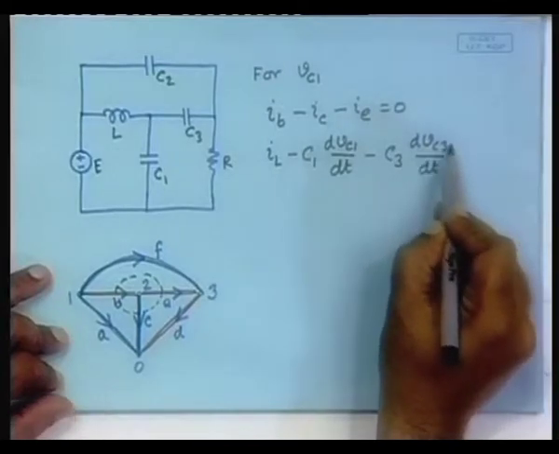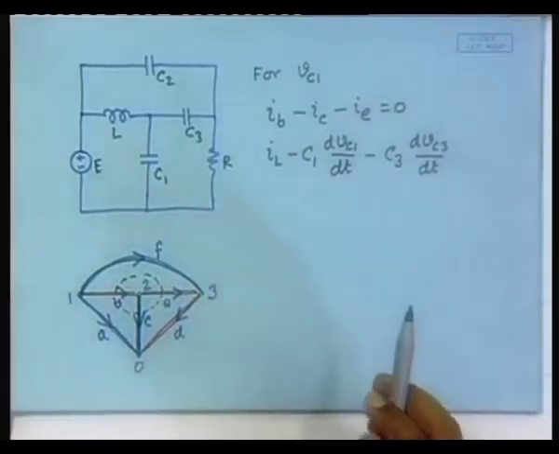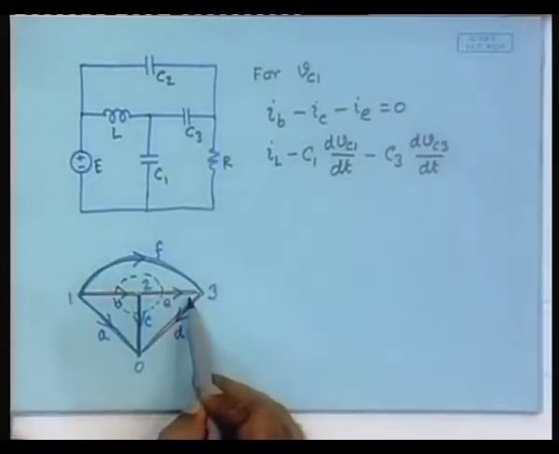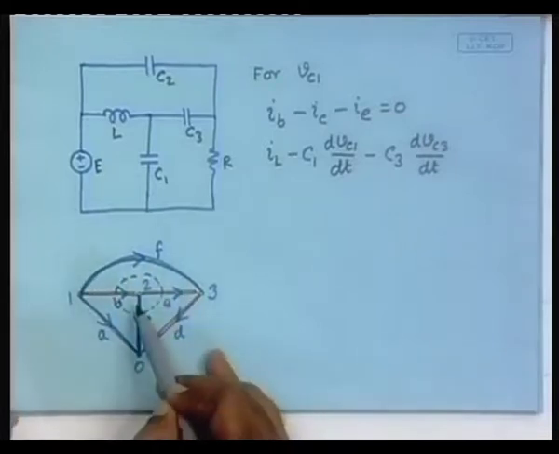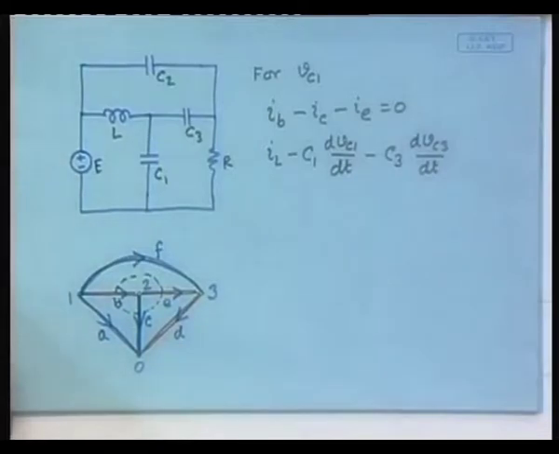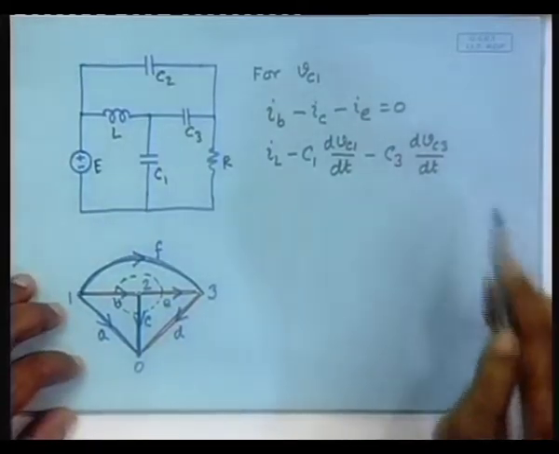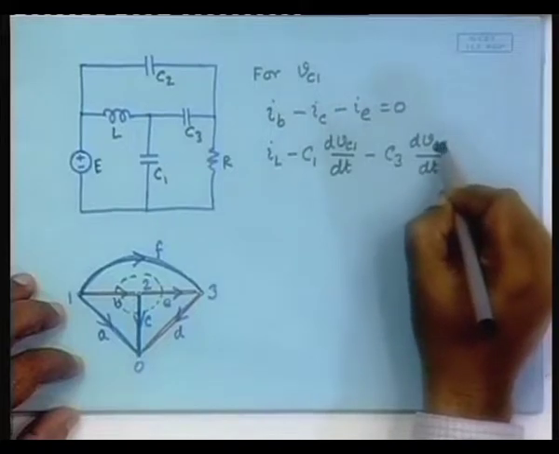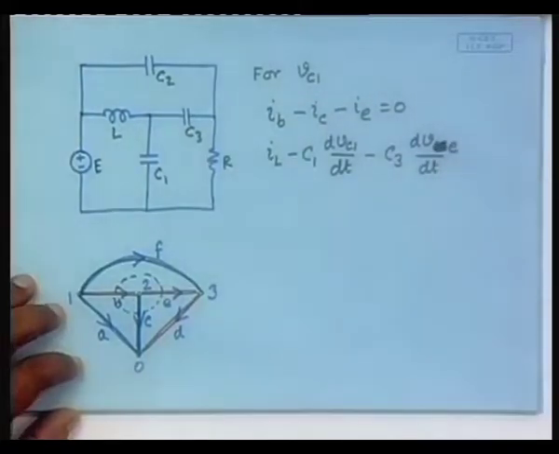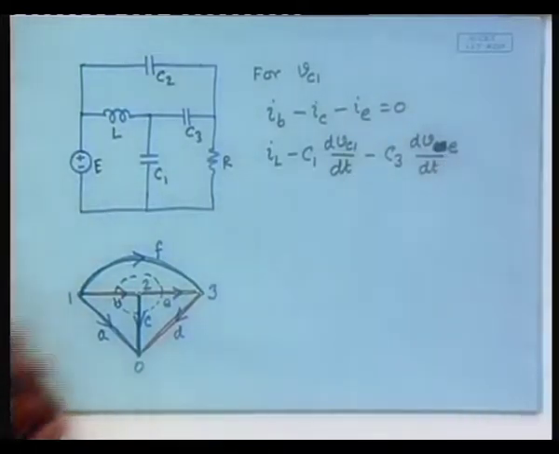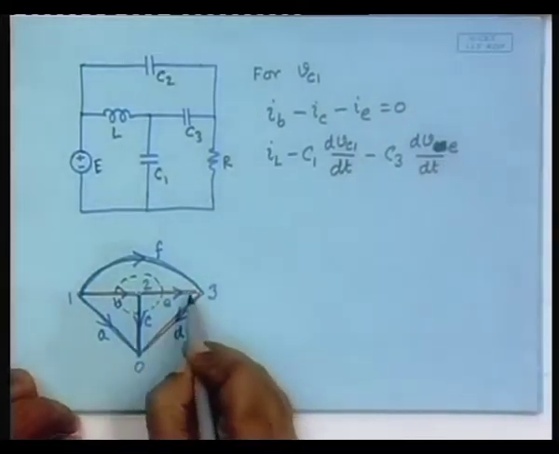So, we need to do something about it, because as we have defined it, this particular branch, even though it is a capacitive branch, was excluded from the standard tree. So, it is not a state variable. So, we need to do something about this. So, this is E. Instead of VC3, let us write VE, because otherwise we may be led to believe that this is a state variable. So, VE. Now, where do we get VE from?